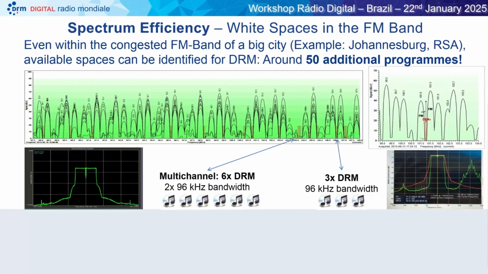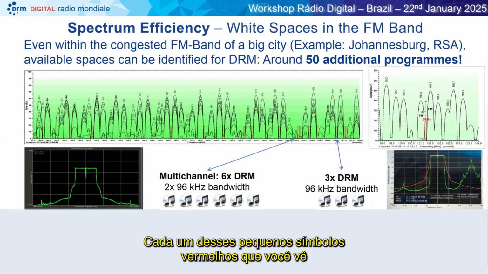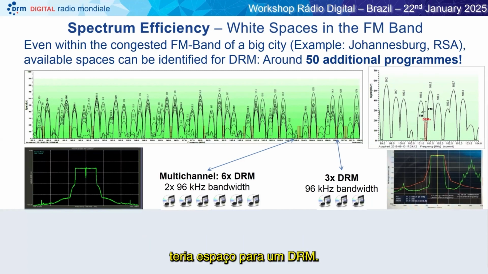Every one of these little red symbols that you see there would be space for 1 DRM, and you see there are also 1 or 2 spaces where there would even be space for 2 DRM signals.